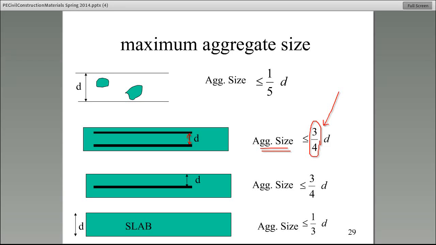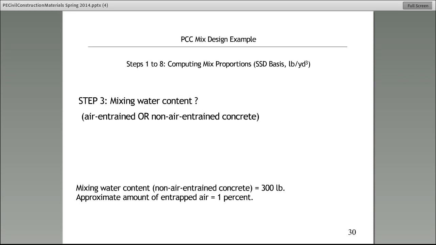So the maximum aggregate size acceptable would be the smallest of the 2 or 3 that you calculate. Basically, the reason for all this is so the aggregate would be small enough that it would freely flow between the rebars and not get clogged between the rebars. All right, so what I just told you is very, very important. Pay attention to it. All right, let's move on.